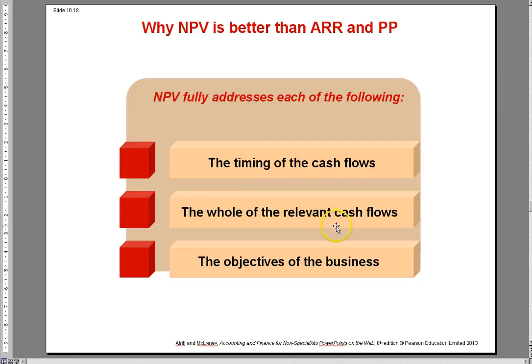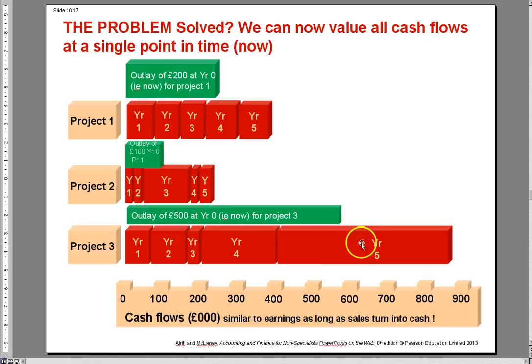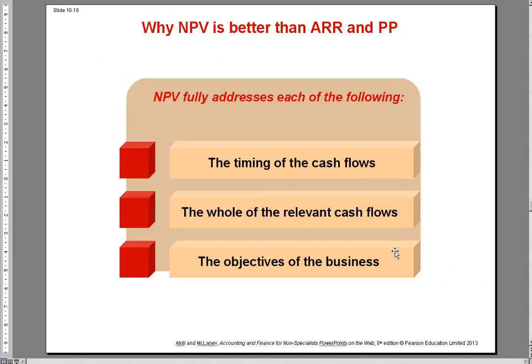We take into account all the relevant cash flows and we can show that it does maximize the value of the business. Should just point out that these are net cash flows here, right? They're the inflows less the outflows, the red inflows figure. So it really achieves what payback period fails to do.